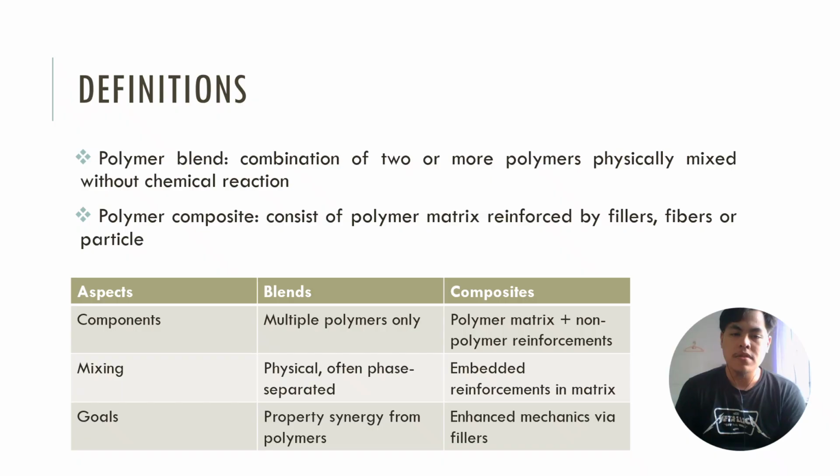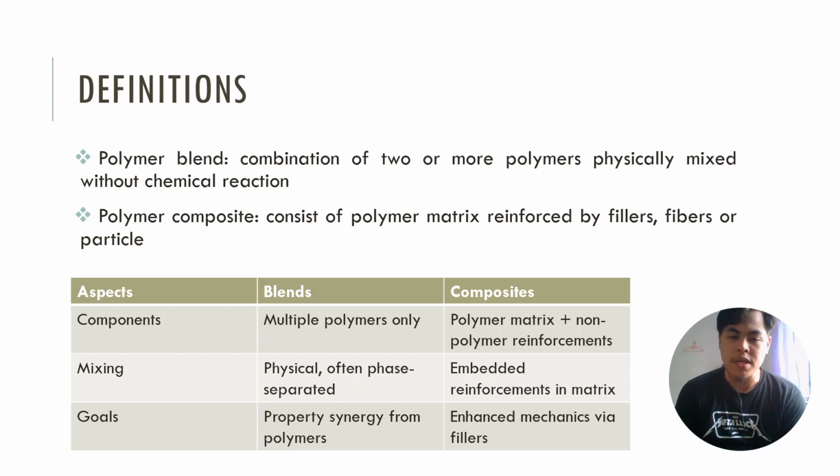So this is the definition part, which polymer blends means combination of two or more polymers physically mixed without chemical reaction. Polymer composite consists of polymer matrix reinforced by filler, fibers, and particles. So the table below differentiates between blends and composite. In terms of components, blends is multiple polymers only, while composite is polymer matrix plus non-polymer reinforcement.